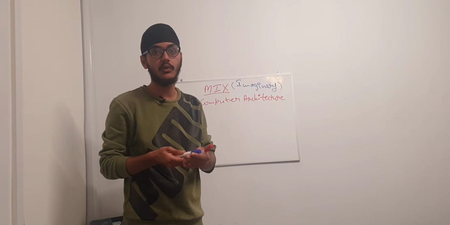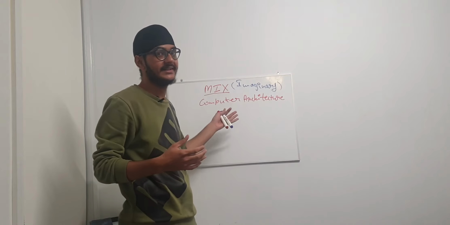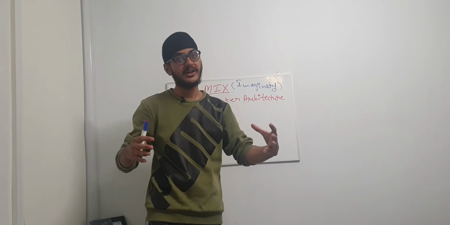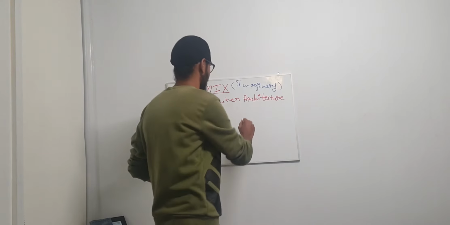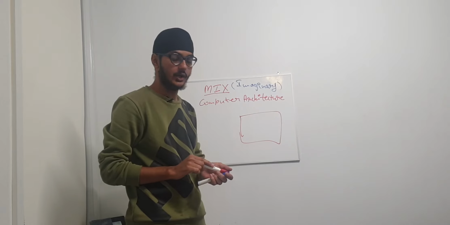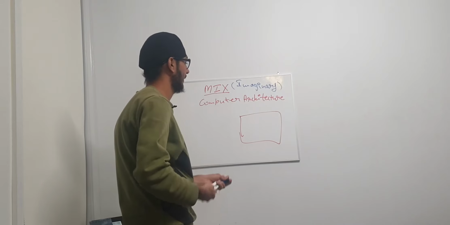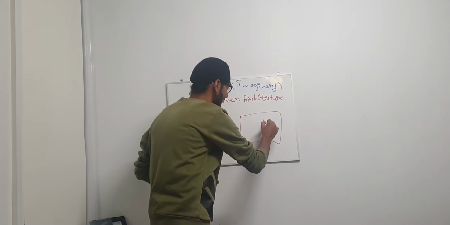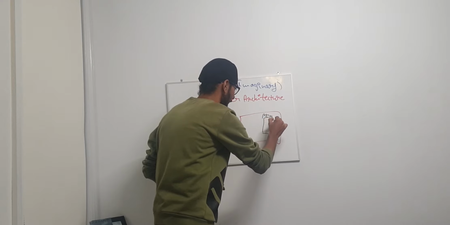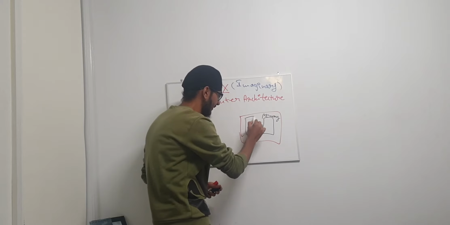So let's move further ahead and discuss what's inside this MIX computer architecture: how the different components are distributed on a computer chip. Let's say here we have our memory, and here we have our processor.